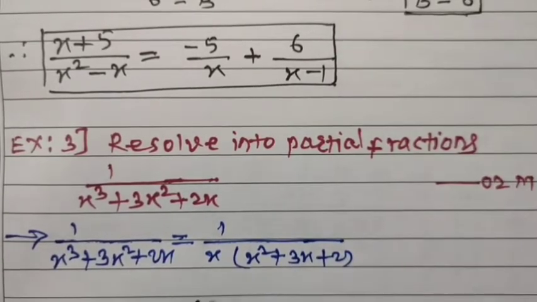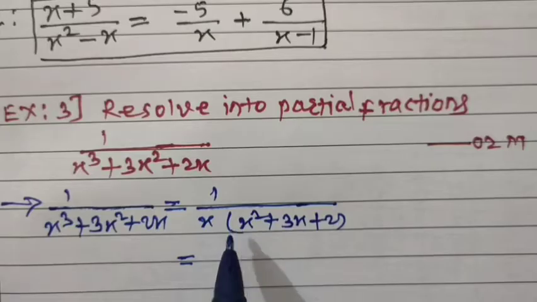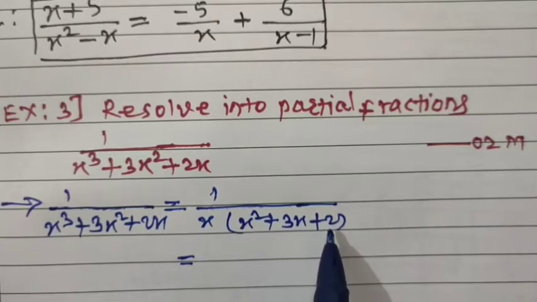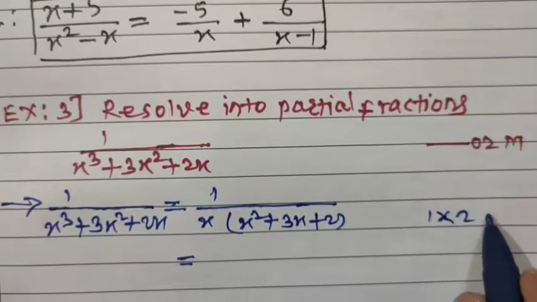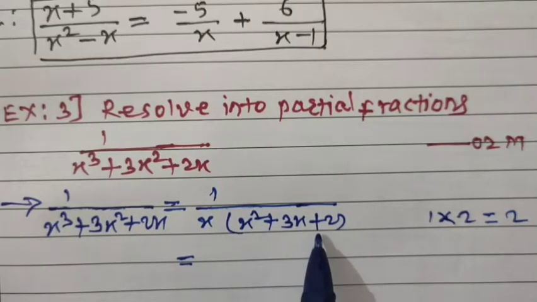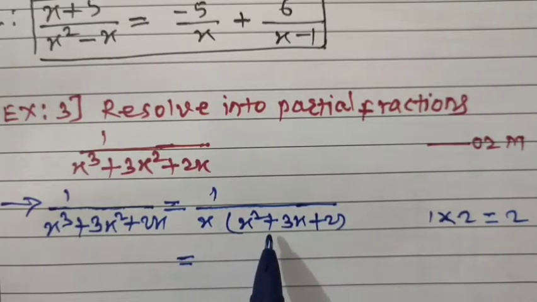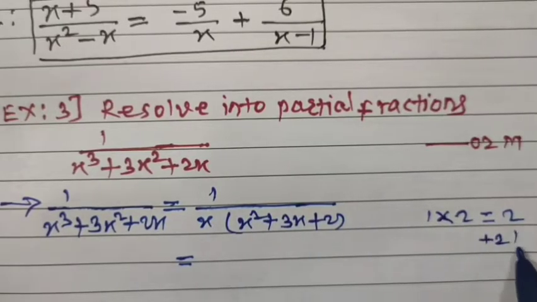Then this is equal to, we can write, this is a quadratic factor, the coefficient of x square is 1 and the constant term is 2. So 1 into 2 is equal to 2. We have to find the factors of these two, so that the addition of those factors will be plus 3, and those factors are plus 2 plus 1.